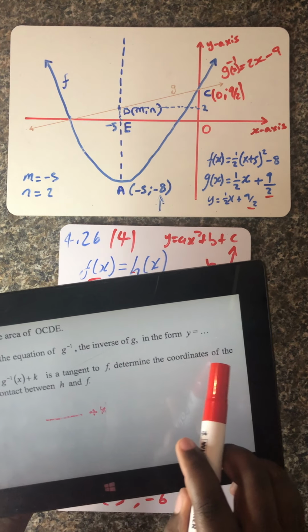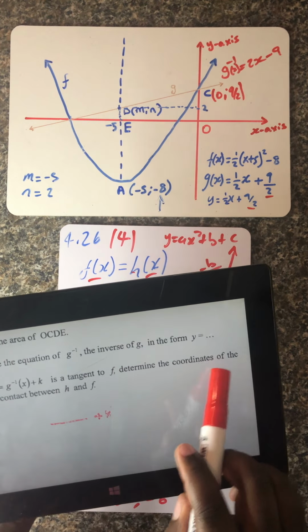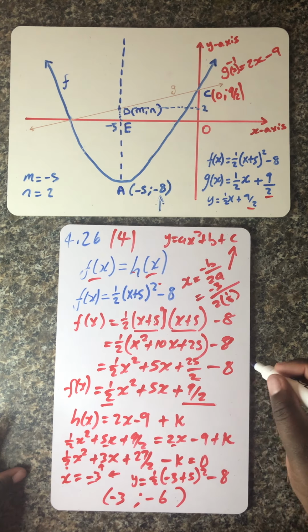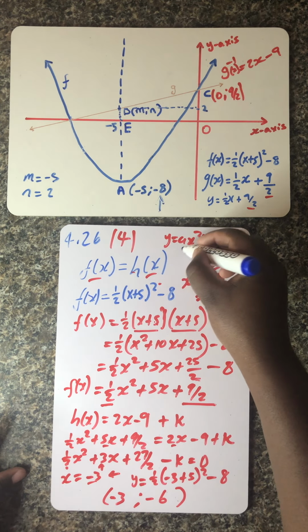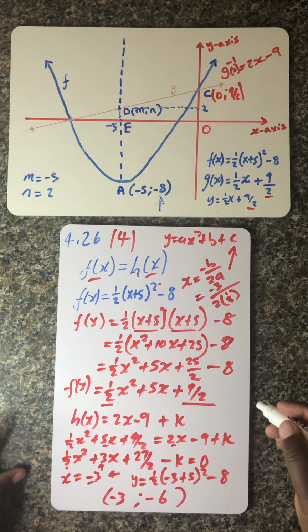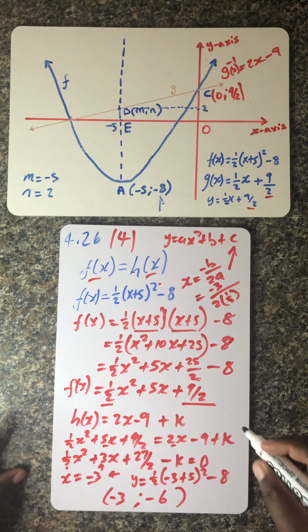Okay, so this is how you answer this question where they want you to determine the coordinates of the point of contact between h and f. Okay, so guys, this is how you score your 4 marks. Obviously they would give you a mark for equating these two equations, whether you equate them there or you equate them there, this is where they give you a mark.